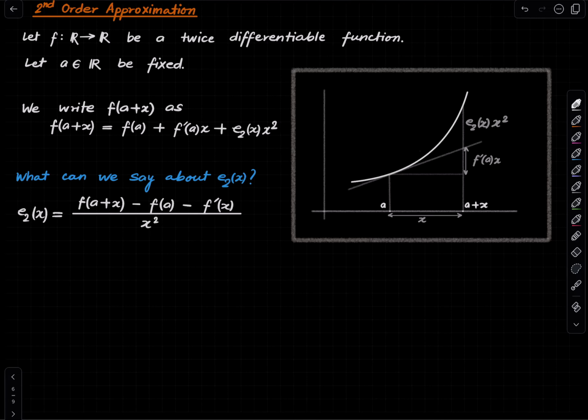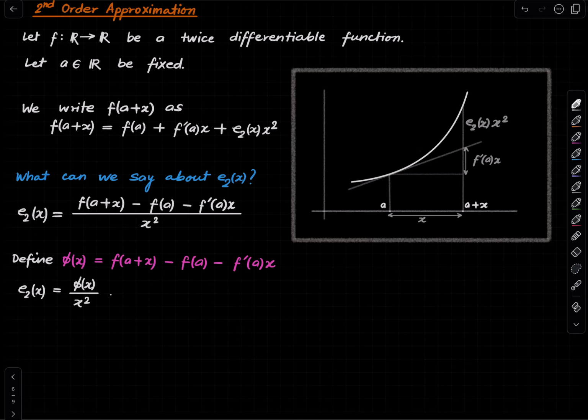Okay, so define, just for convenience, phi of x as the numerator. Yeah. So e2 of x is therefore phi x divided by x squared.